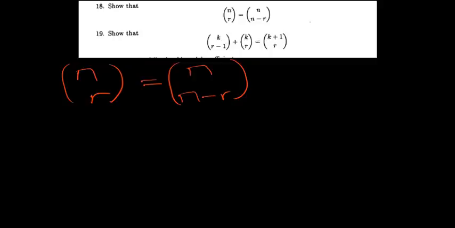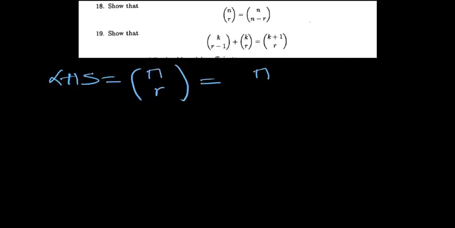Left hand side for 18. The left hand side is equal to n choose r. n choose r means n factorial over n minus r factorial and then r factorial. That's what it means, nothing more, nothing less.